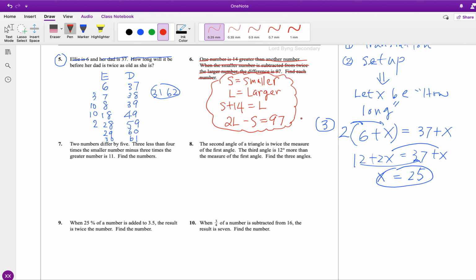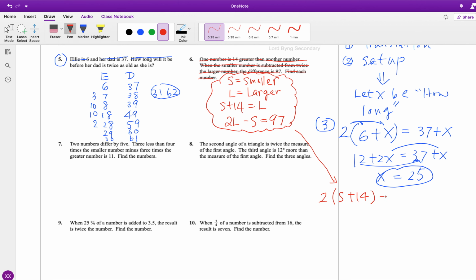Now here, let's talk about how we're going to solve this, because there's a smaller number and a bigger number. So that means the larger number is this much more than the smaller number. So why don't I bring this larger number into here? Therefore, I would have only one variable to solve. So in this case, twice the larger number is substituted by S plus 14.